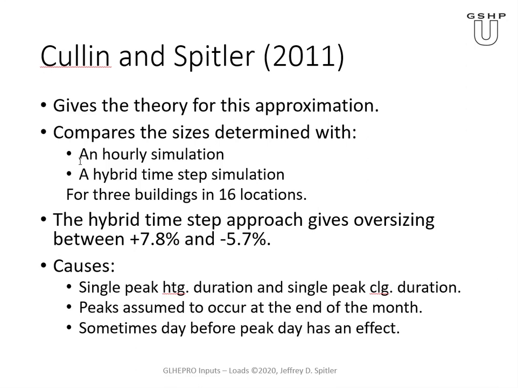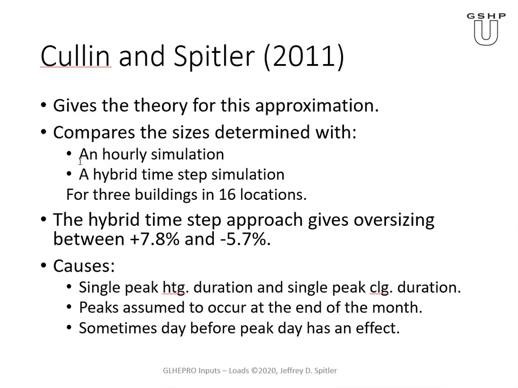And if you say the hourly sizing is correct, and of course it has errors related to material properties and other things, but I'll just say it's fairly accurate, this hybrid time step approach can also give some errors compared to that. And if you look at it by oversizing, it's somewhere between plus, say, 8% and minus 6%.